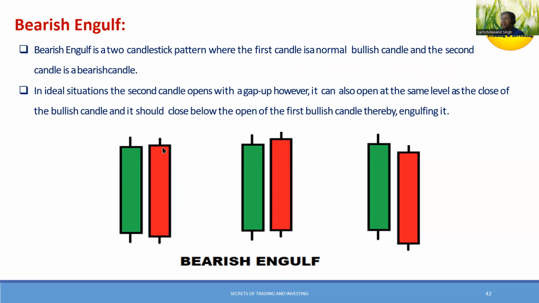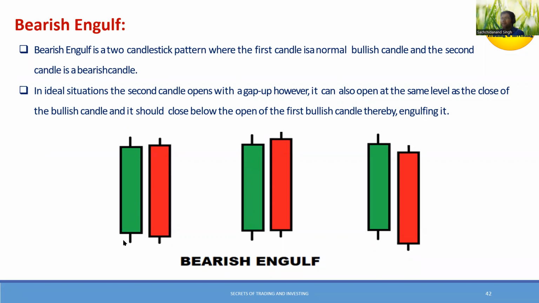The red candle, that is the bearish candle, may open at the same level, or open with a little gap up, or open with a little gap down. In all three situations, it will be treated as a bearish engulf. A very simple way to understand it is that the bearish candle, the red candle, is neutralizing the effect of the green candle.